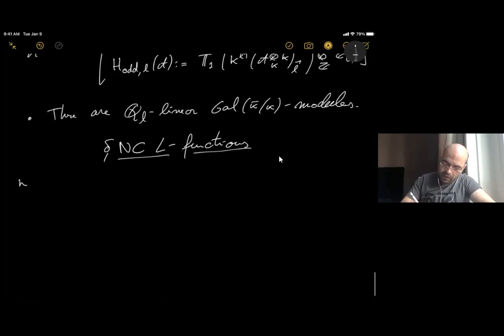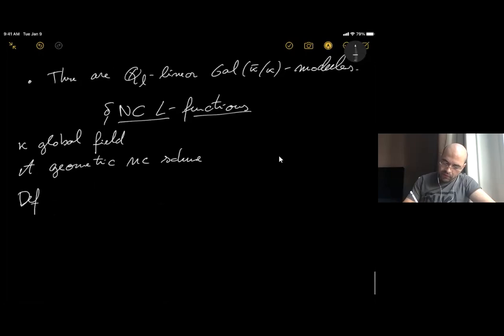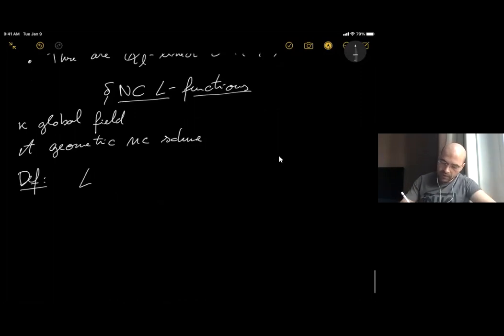So here we are over a global field, and we consider a geometric non-commutative scheme. Okay, and then I can try to do the non-commutative analog of Serre's definition. You define the even L function.